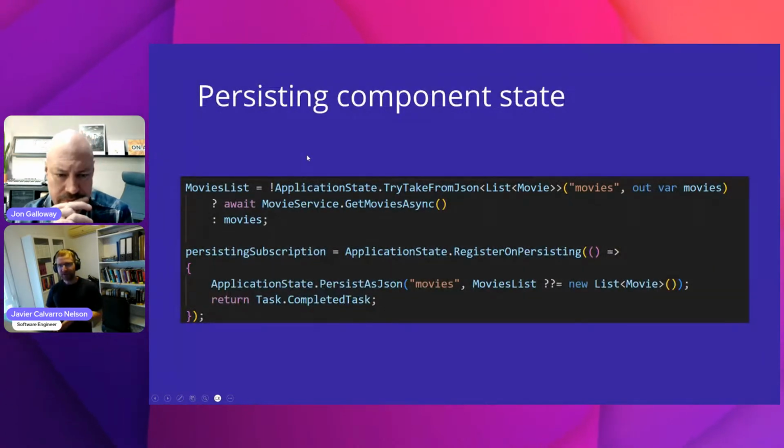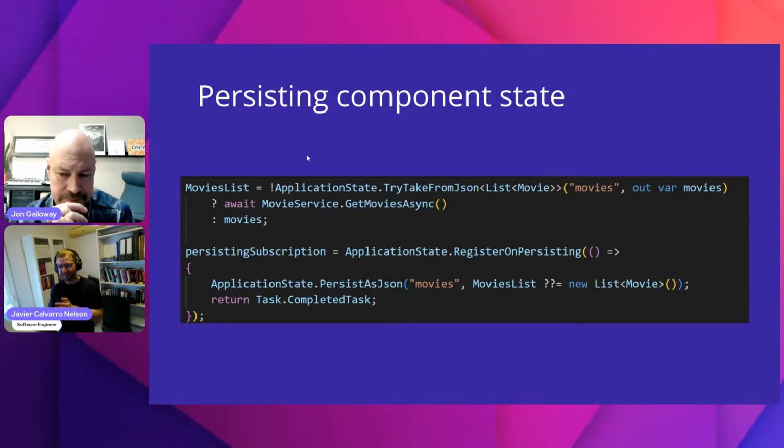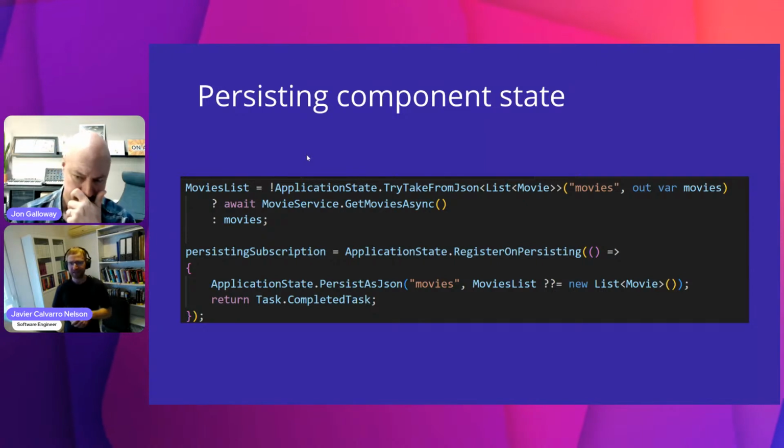For persistent component state today, this is the minimum code that you need to write to make it work. There is a service, persistent component state, that you can inject in your component, and using that, you can try to retrieve data from it, and you can try to persist data to it.